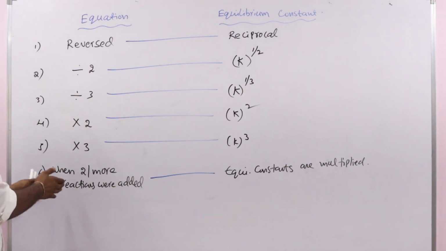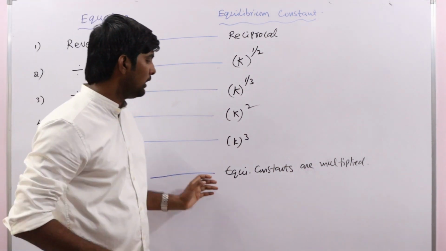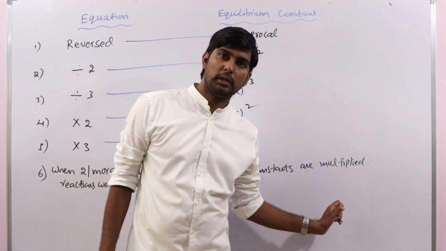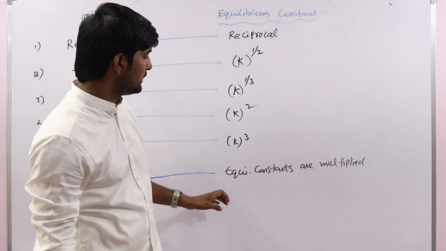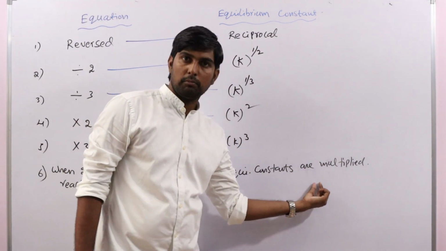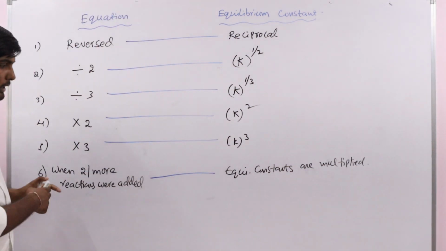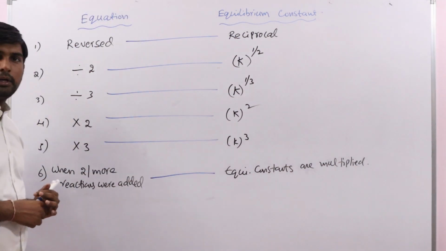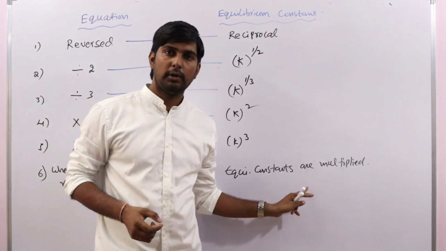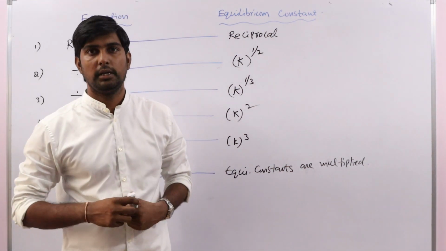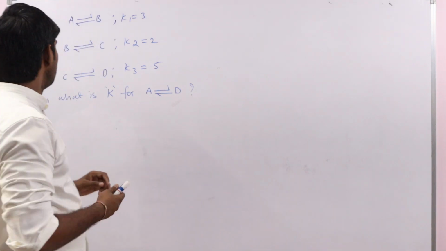When two or more reactions are added, the equilibrium constant of the resultant equation equals the multiplication of all the equilibrium constants of the reactions we have added. Now let us see one problem, then we can understand easily.